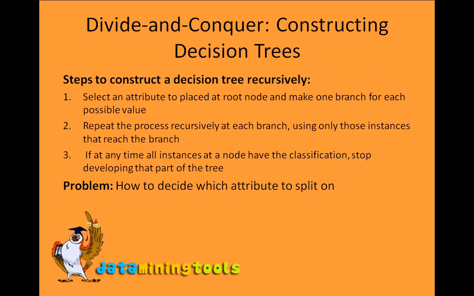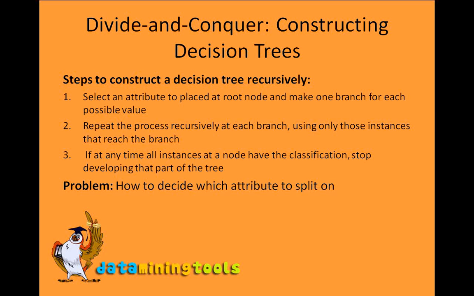Okay, so the next thing that we are going to study is the divide and conquer strategy for constructing decision trees. What are the steps of constructing a decision tree recursively? We select an attribute to be placed at the root and make one branch for each possible value, and then we repeat the process recursively at each branch using only those instances that reach the branch.